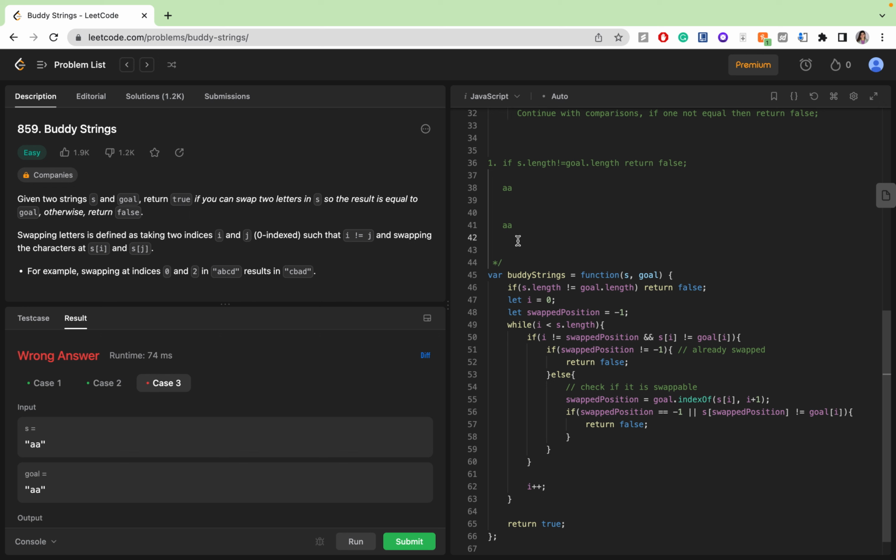If i is not equal to swapped position and s[i] is not equal to goal[i]. If you can swap two letters in s, so the result is equal to goal. Return true if you can swap two letters in s.